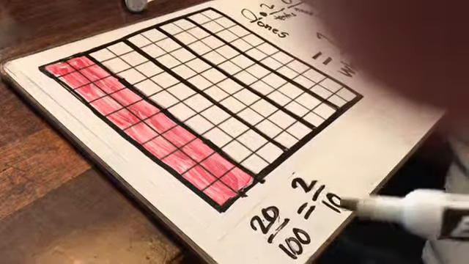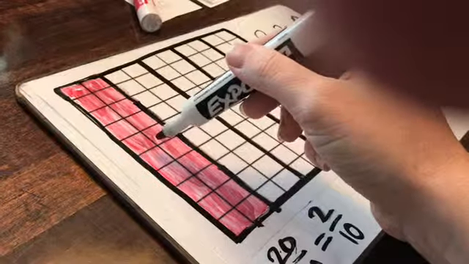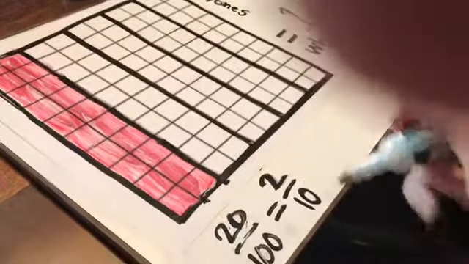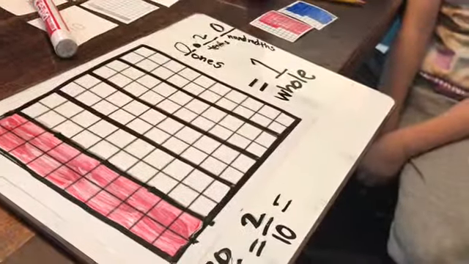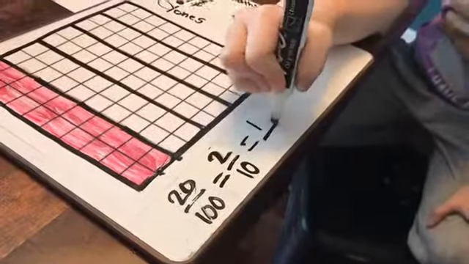It is 20 hundredths, right? You said that this is 1 red piece out of 5 big pieces. What fraction would that be? 1/5. Girl, write it! Yes!